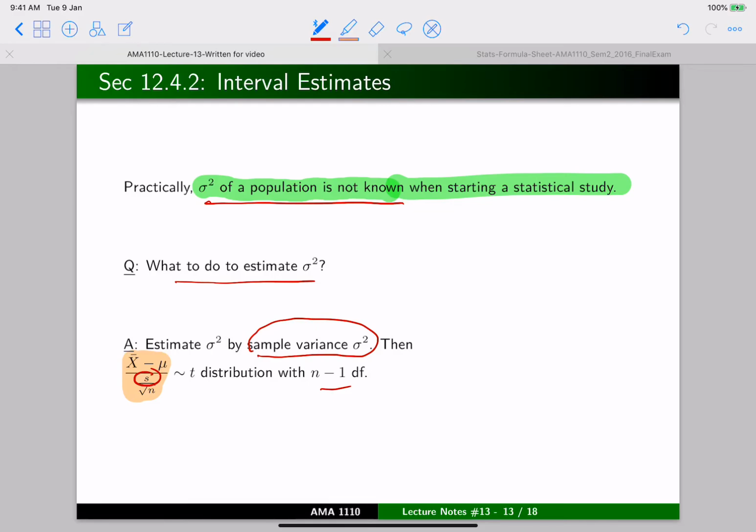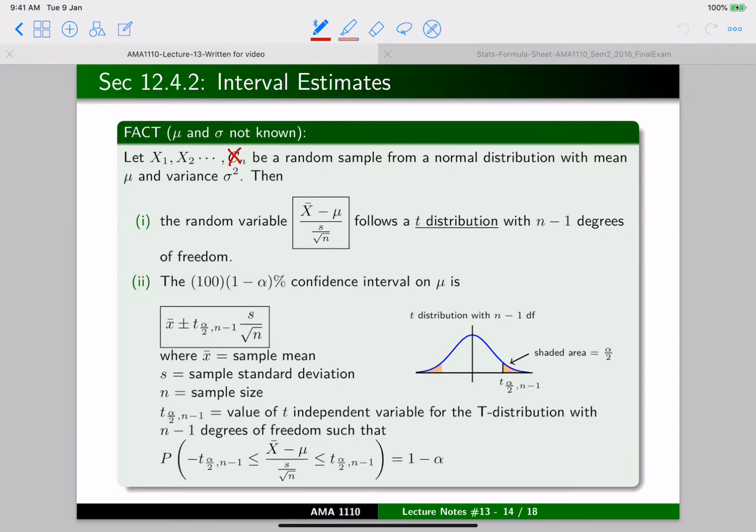Let me describe that more precisely. Let x1, x2, ..., xn be a random sample from a normal distribution, it has to be a normal distribution, with mean mu and variance sigma squared.